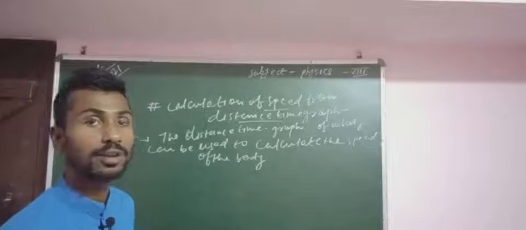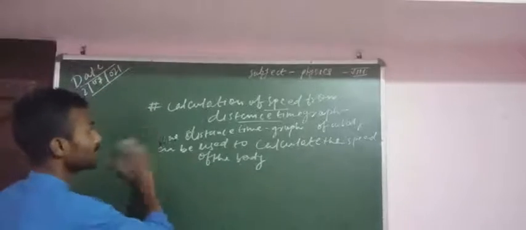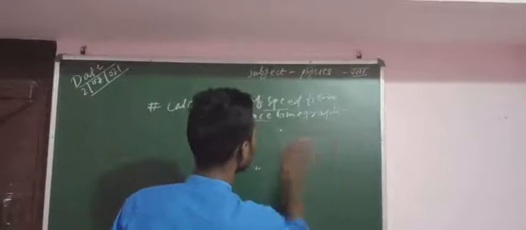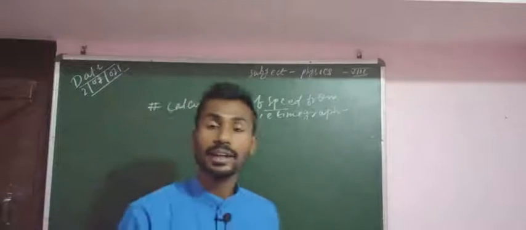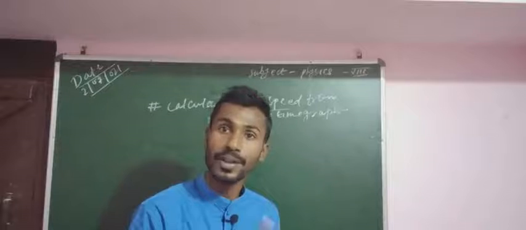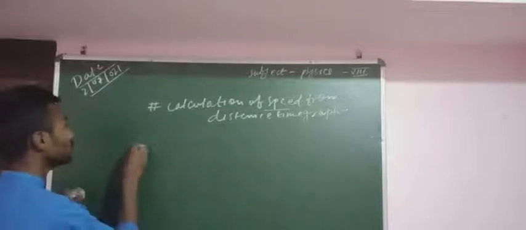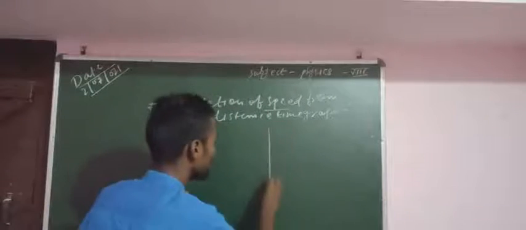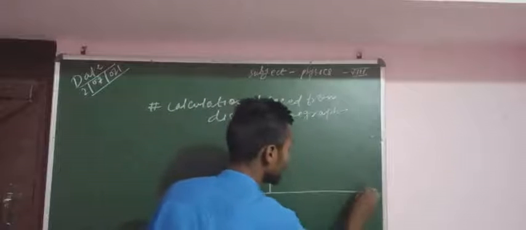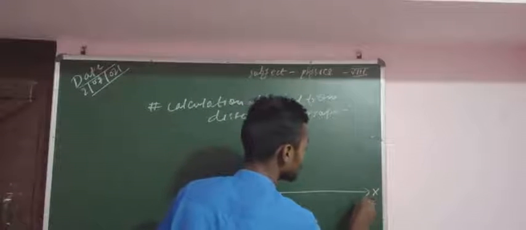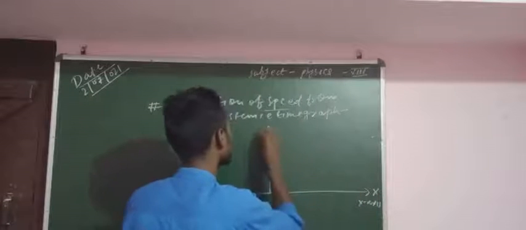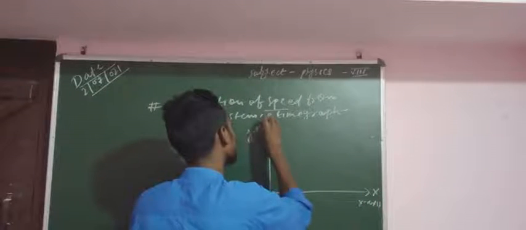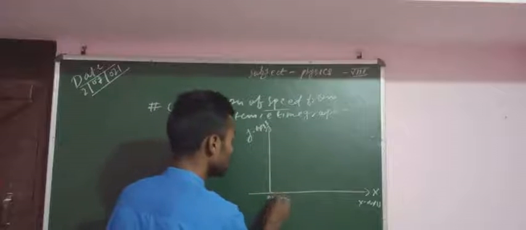How we can calculate the speed of the body, we can see here. As we know, the nature of motion of the body is uniform. So simply suppose this is the y-axis and this is the x-axis. This is the origin.